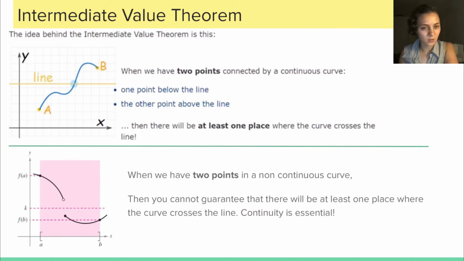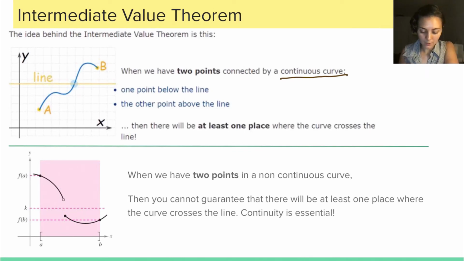This is optional notes just because I really want to drive the idea of continuous function home. So the top graph is another example of the intermediate value theorem. If you have 2 points connected by a continuous curve, one point below the line, the other point above the line, then there will be at least one place where the curve crosses the line. It could happen more than once. It just guarantees that there's at least one time where that happens.